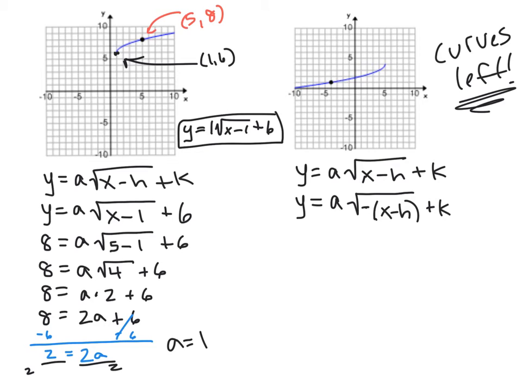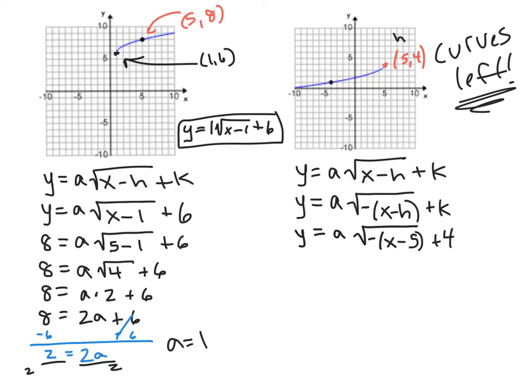All right, our starting point, as we can see right here, is at 5, 4. We're going to put those two numbers in for h and k. So y equals, leave the a, square root negative x minus our h value, and that's our x value of our starting point, which is 5, right? So we're going to put a 5 here, and then plus 4.